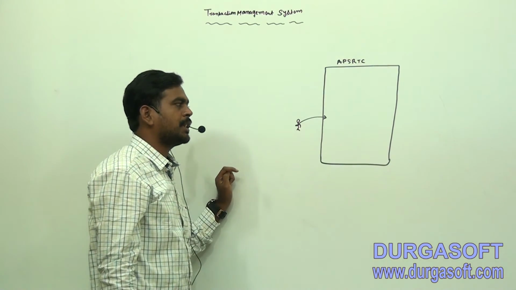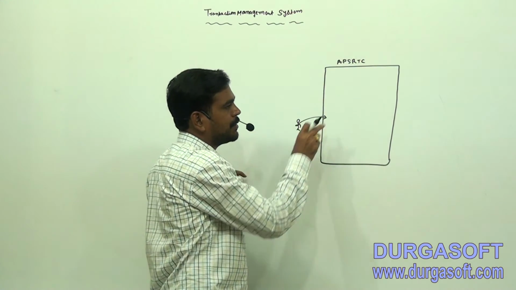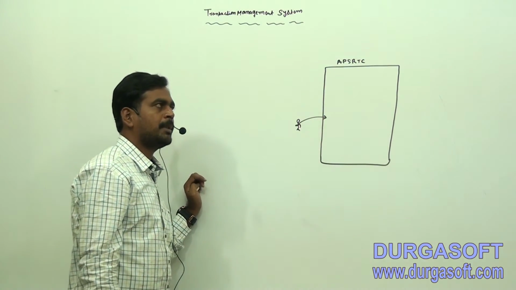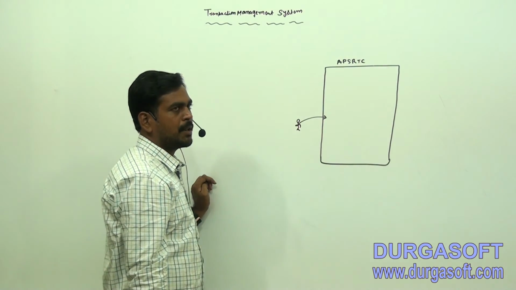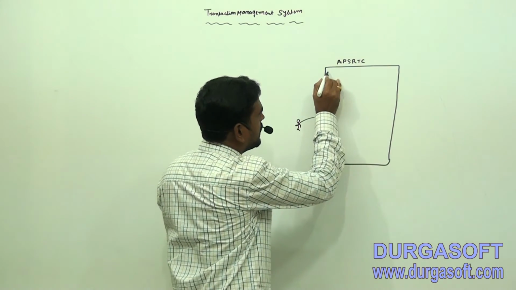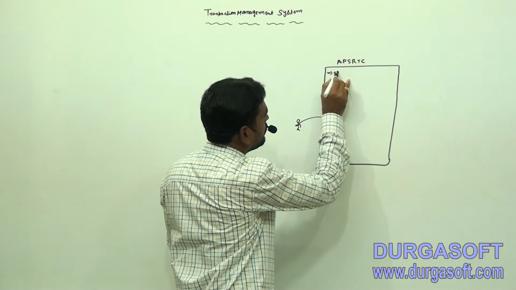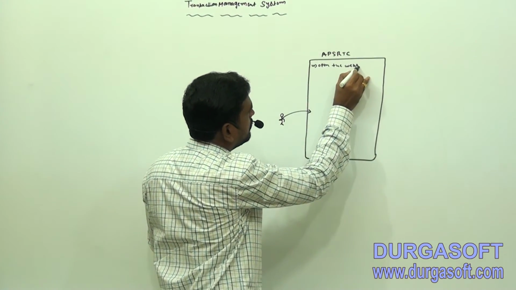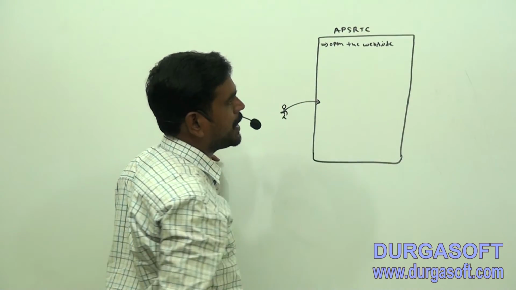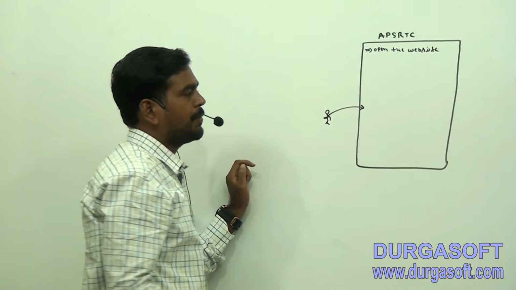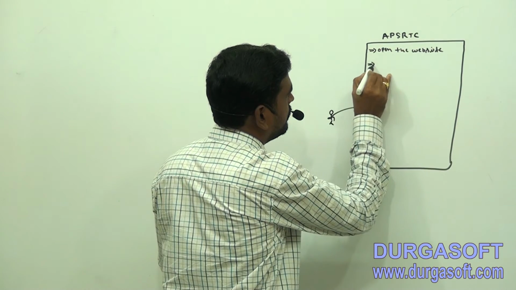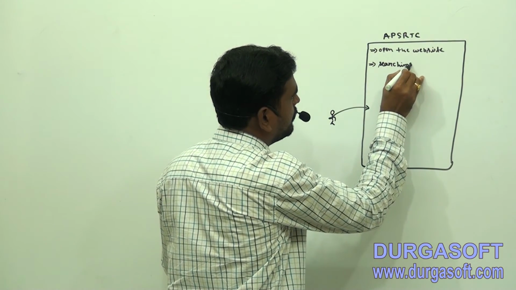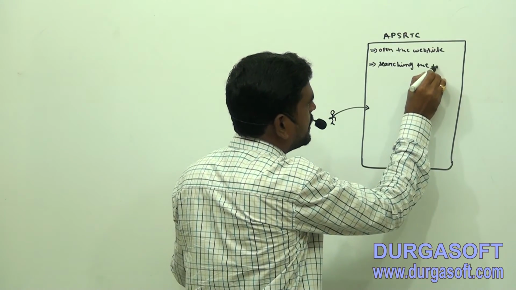How is he going to book the ticket? First this guy asks the counter master, hello sir, can you please give me one ticket from Hyderabad to Bangalore? Now what will that counter master do? The counter master is going to open the website first of all. After opening the website, search the tickets.